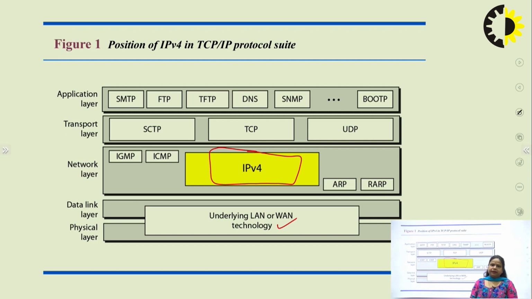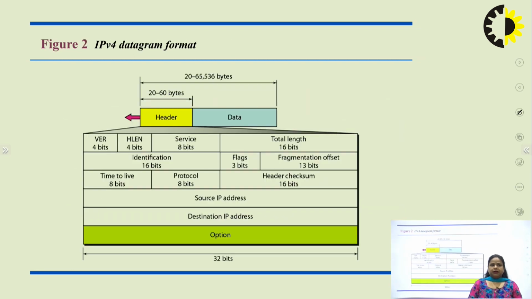In the network layer, it is merged with ARP, RARP, ICMP and IGMP. These are the various protocols through which we use the IPv4 or IPv6 protocol, depending upon which version we are using. Then after that, we talk about the transport layer. Generally, we use the IP protocol with the TCP/IP protocol, right? So this is the position of the IP protocol.